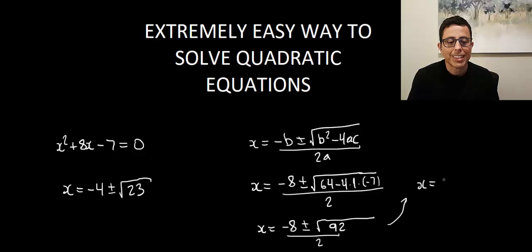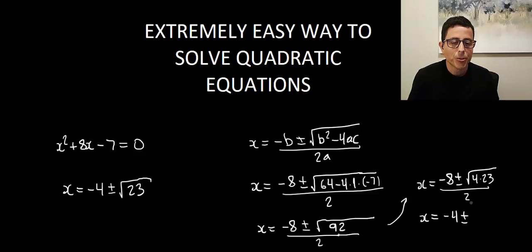Finally -8 plus or minus, if you notice here, this is 4 times 23, so this is the square root of 4 times 23, divided by 2. -8 divided by 2 is -4, and then the square root of 4 is 2, divided by 2 cancels, so this is the square root of 23. That's exactly the solution that we got here.